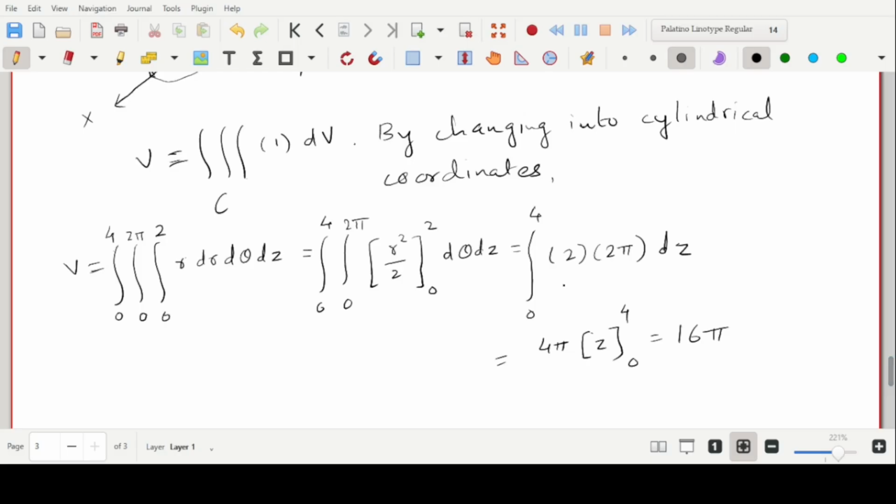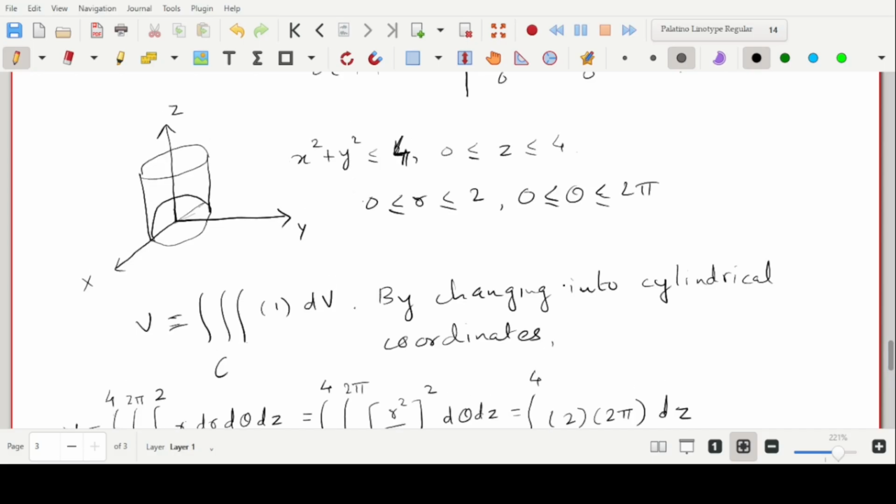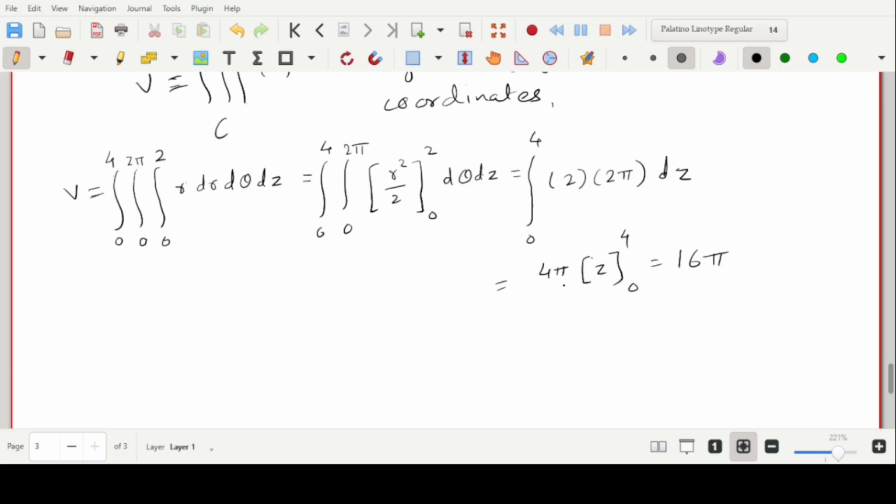So observe that the volume of a cylinder having radius r and height h is pi r square h. So here the height is 4 and the radius is 2, so by the formula that we know earlier, the volume should be pi times 2 square multiplied by 4, so it is 16 pi.